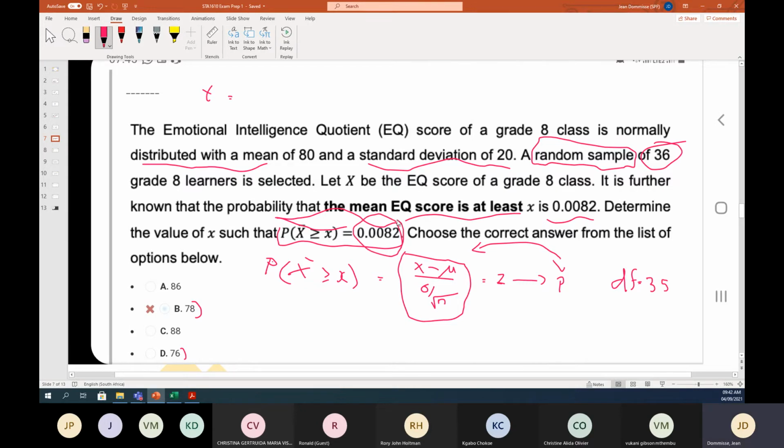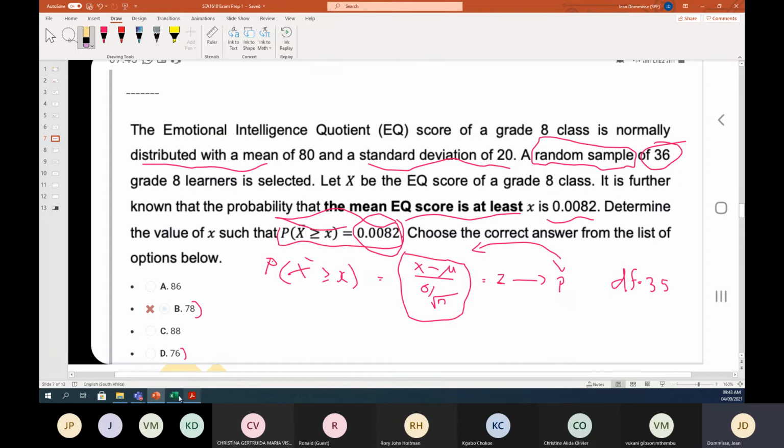So what I would have done is nearly the same as you did, and I apologize if I pronounced the name wrong. I would have looked at the Z table where that value is.